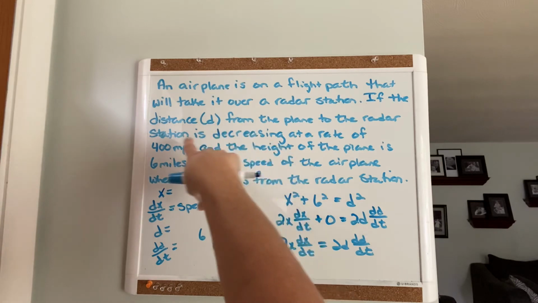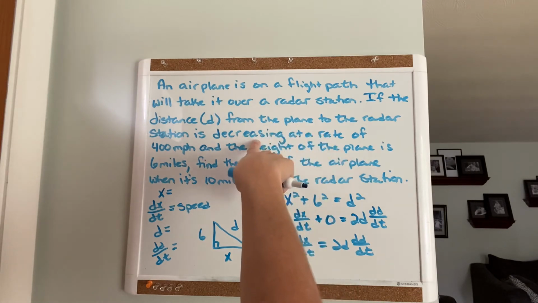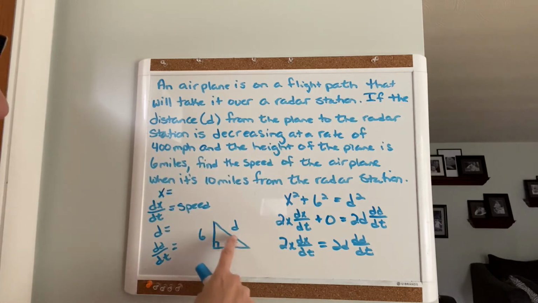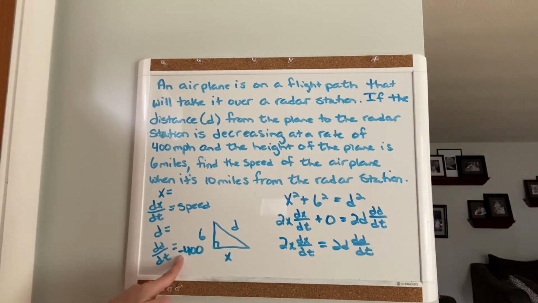It says that the distance the plane is from the radar station is decreasing at a rate of 400 miles per hour. So this distance is decreasing. So dd/dt is decreasing at a rate of 400 miles per hour. Since it's decreasing, it's negative 400.